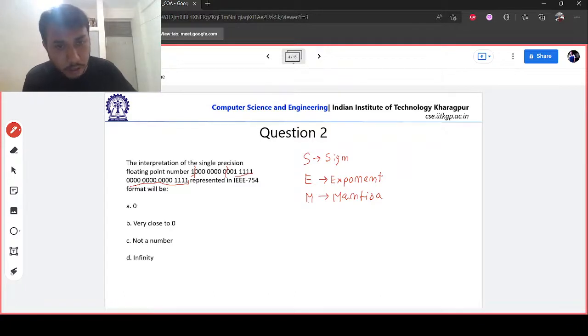Now there is also this table, if you remember from the lectures.